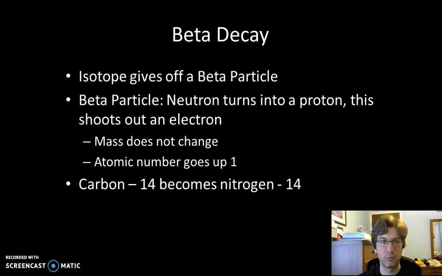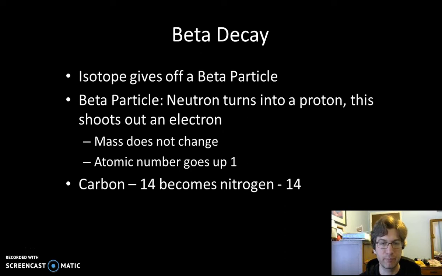Beta decay is a little more complicated. There actually are 2 types of beta decay, type 1 and type 2. In beta decay, your isotope is going to give off what's known as a beta particle. Do not confuse that with an alpha particle. They are very different things. Your beta particle is basically an electron in our cases.